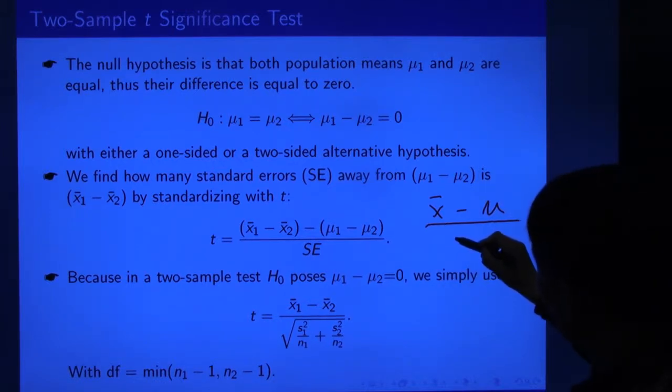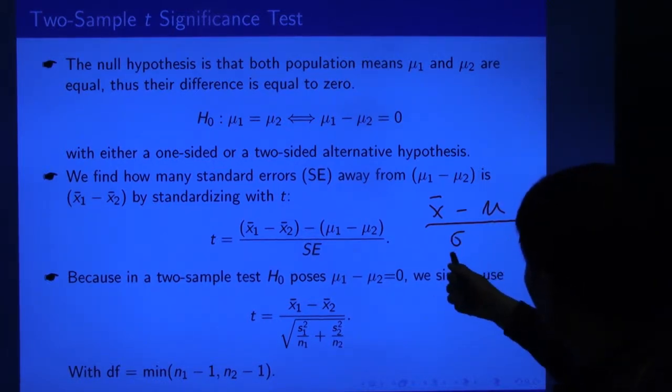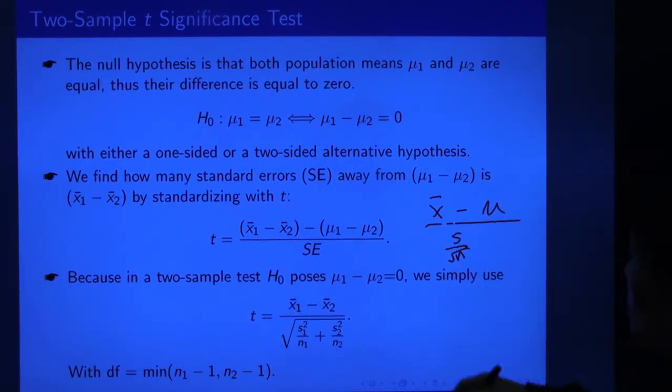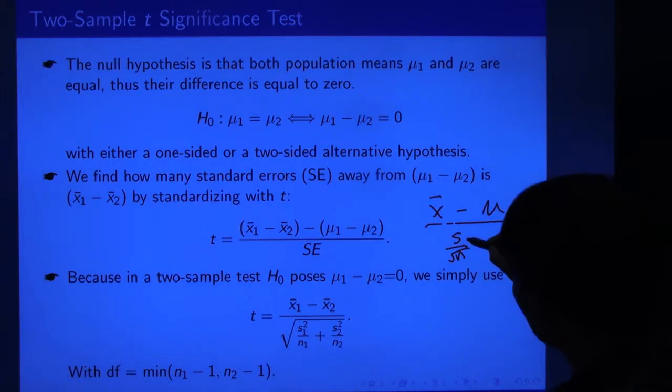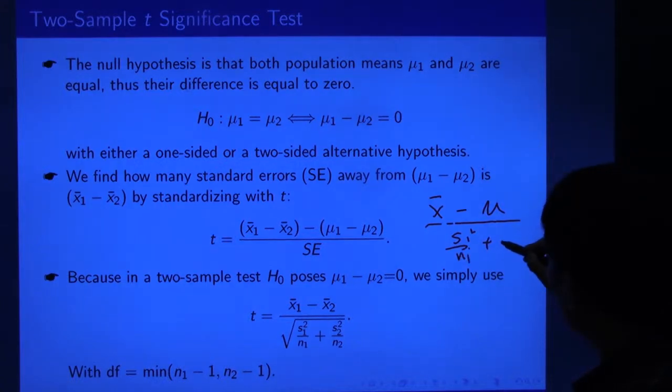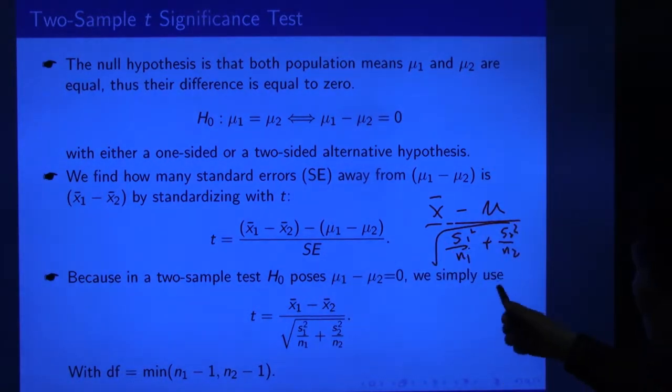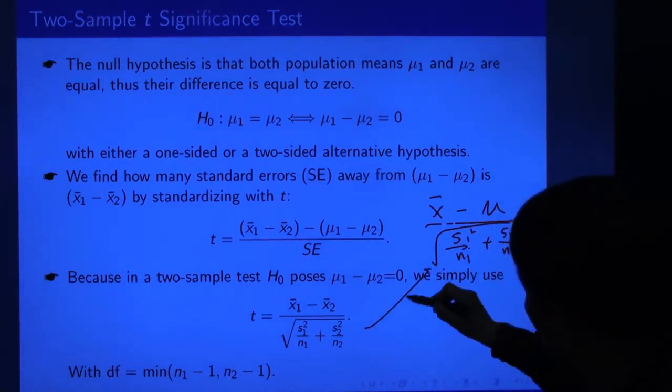Before, for one sample, there's no sigma, there's s, then divided by the square root of n. Now we need to use s1 squared over n1 plus s2 squared over n2, then take the square root. So that is SE.